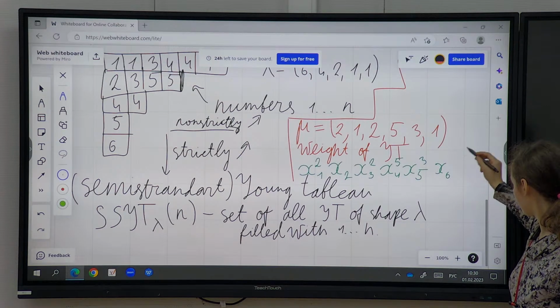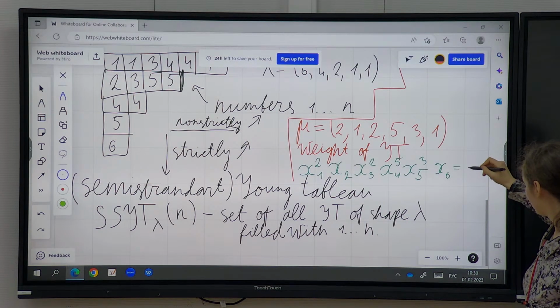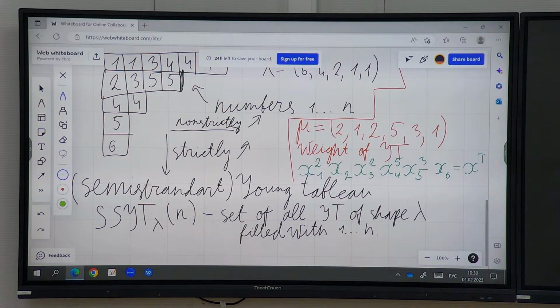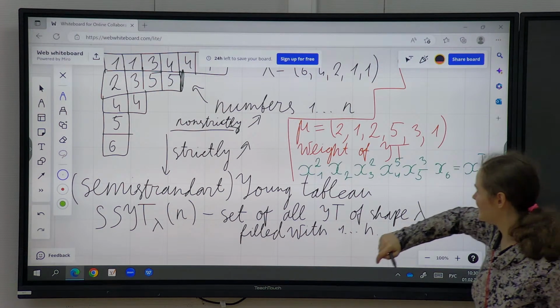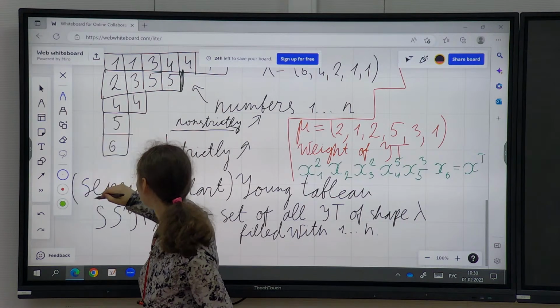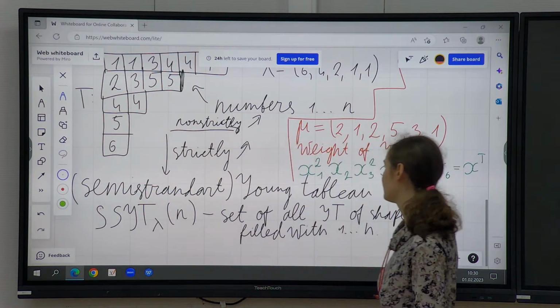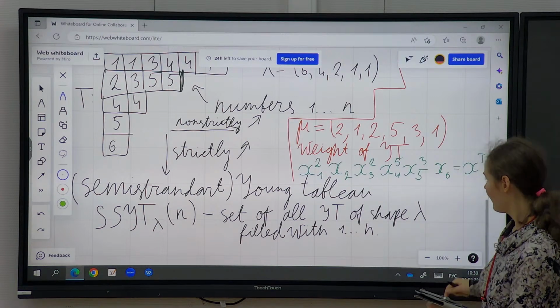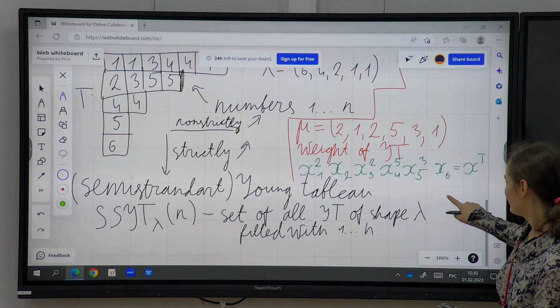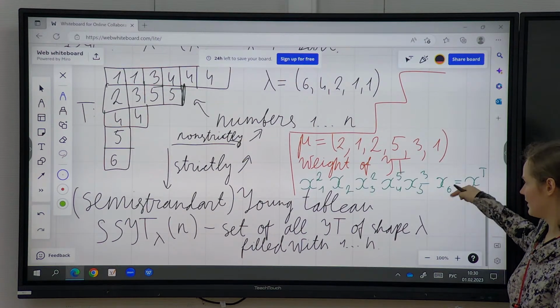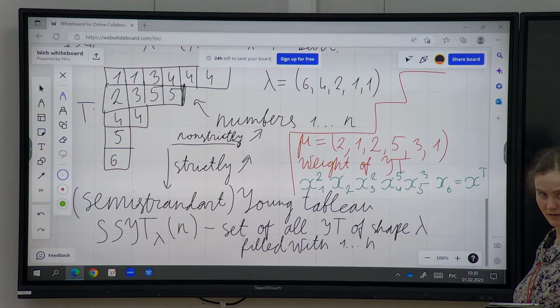And so we will denote this monomial just like this: x to the power of our tableau T. So that's T, our tableau. Okay.